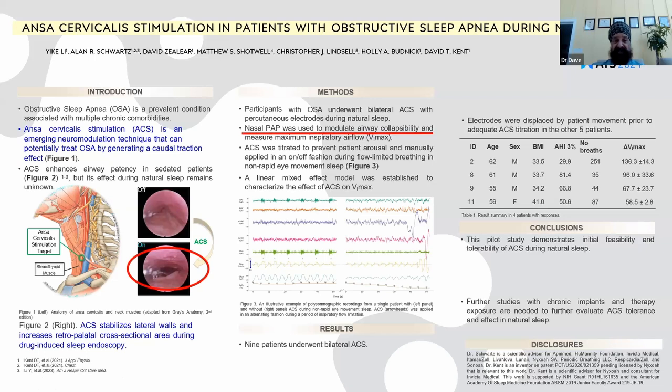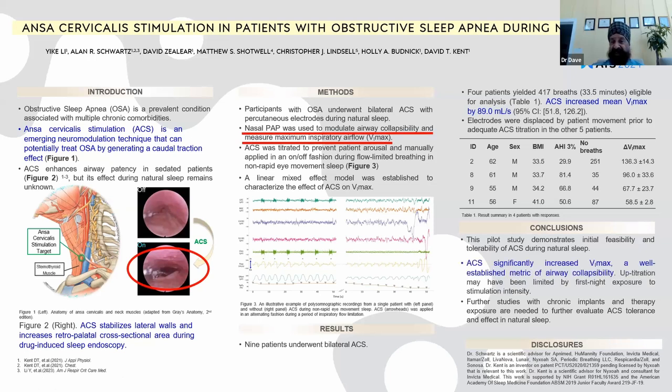The way they measured the flow was to use nasal PAP, and they measured the maximum inspiratory airflow, and found that it increased when the device was stimulating the ansa cervicalis. So ansa cervicalis stimulation increases the maximum airway flow during inspiration, and it helps to prevent airway collapse.